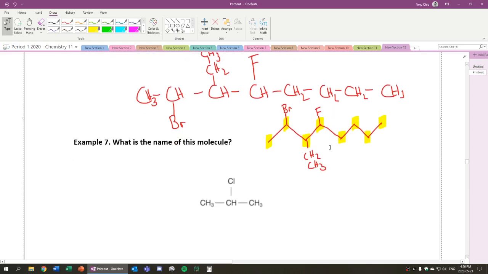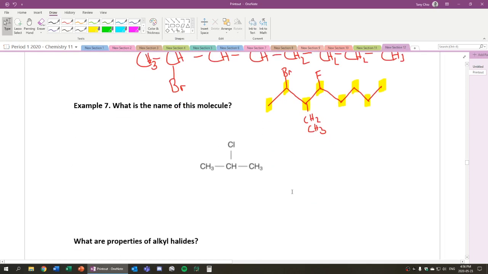Let's finish up today's lesson on what is the name of this molecule. So if we look at this one, the parent chain here is, as you see, propane. Where is the chloro group attached? The second carbon. So it's 2-chloropropane, just telling us on the second carbon, there's a chlorine group.